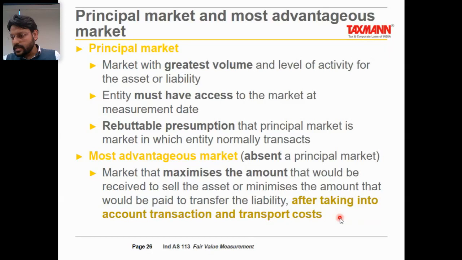The last question, in the topic highest and best use, was who will take the contrary view? Auditors? No. So auditors are not in the picture as of now. It's all about management. So it's management's responsibility to determine the fair value for its assets or liabilities. Now management will do the brainstorming: I am using this land for industrial operations.